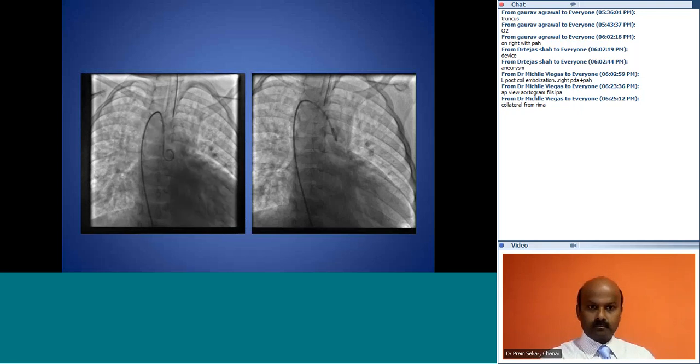So you see a left aortic arch, a right aortic arch, and you see another structure from here filling a well-formed pulmonary arterial confluence.